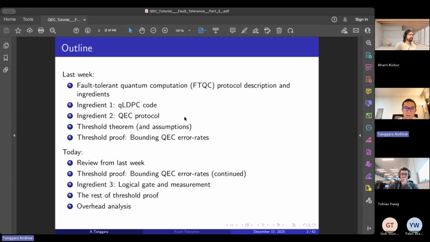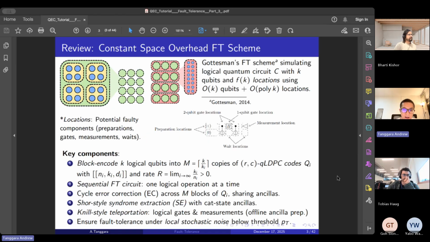Today I'm going to go through the rest of the proof and also explain how logical gates, logical measurements and preparations are implemented in this scheme. That will give us the rest of the proof, and lastly we'll do the overhead analysis to show that we only have a constant space overhead.